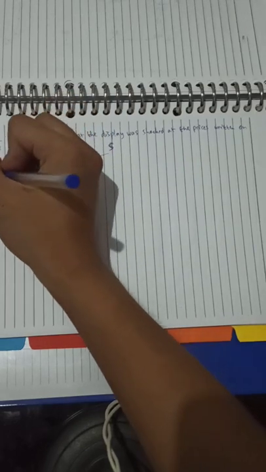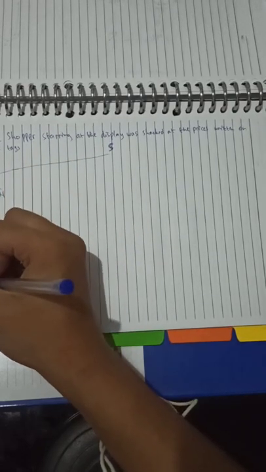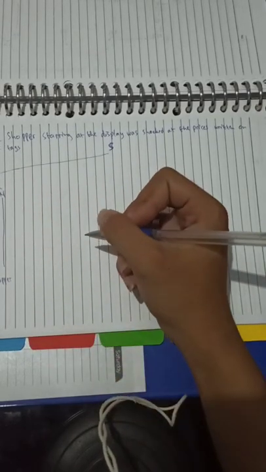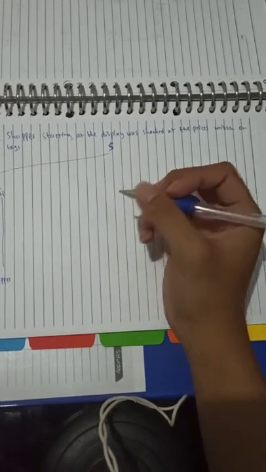Okay, we move to the noun phrase. In the noun phrase we divide into two: determiner, and then noun. The noun here is "shopper".